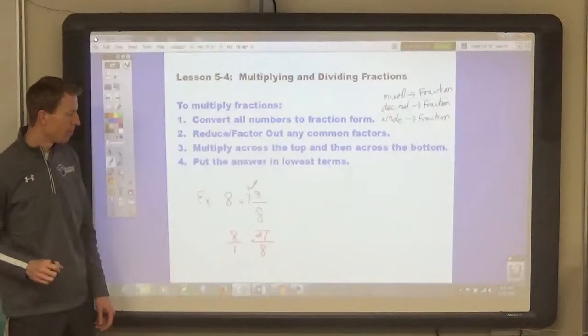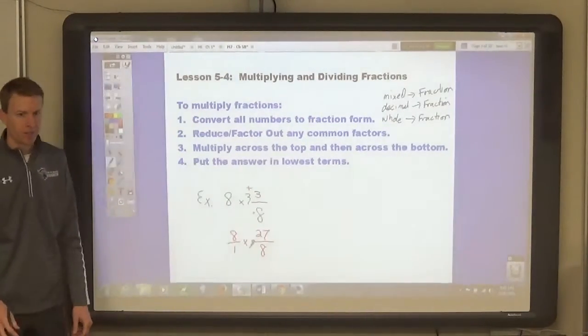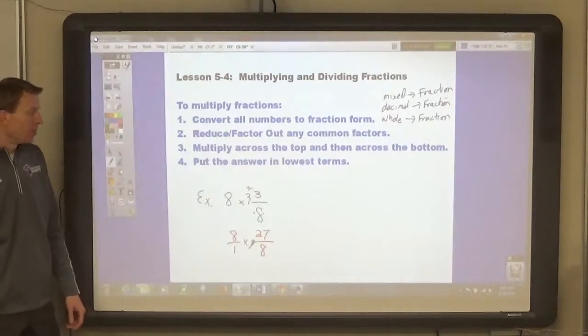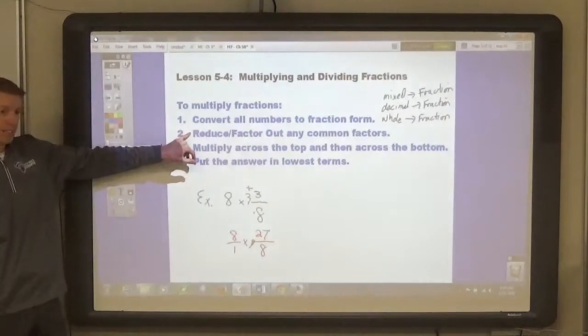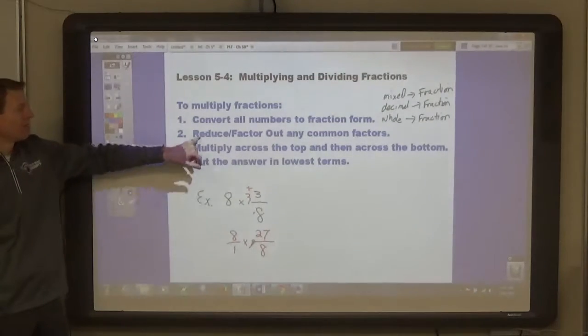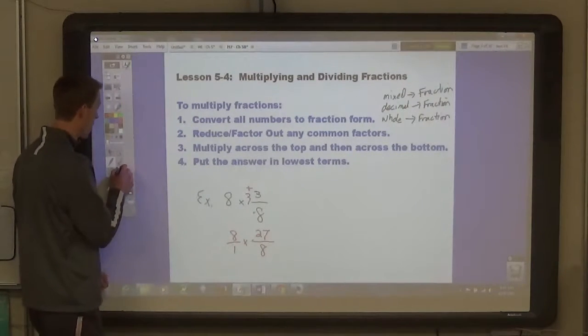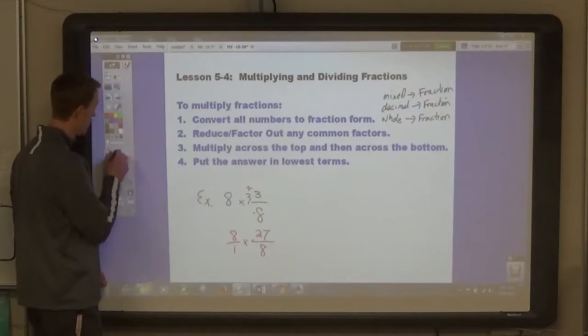Write down this example. Then, we're multiplying. So, you could skip step 2, but it would be a lot easier if you factor out before multiplying in this case. Here's how you factor out. You look diagonally.